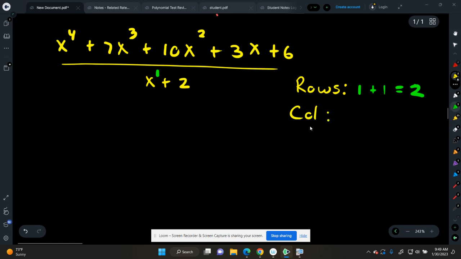Okay, our columns. We're going to do the difference between the top and the bottom. So we have 4 minus 1 plus 1. So we get 4.